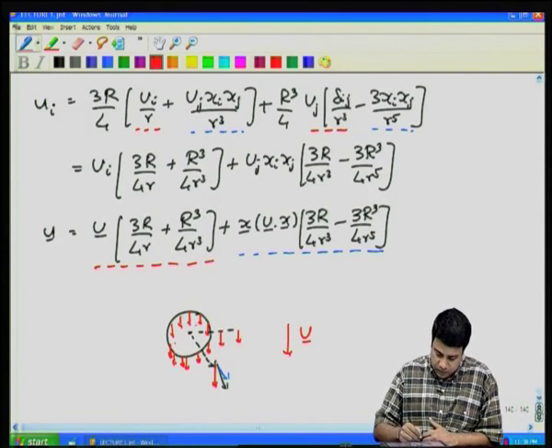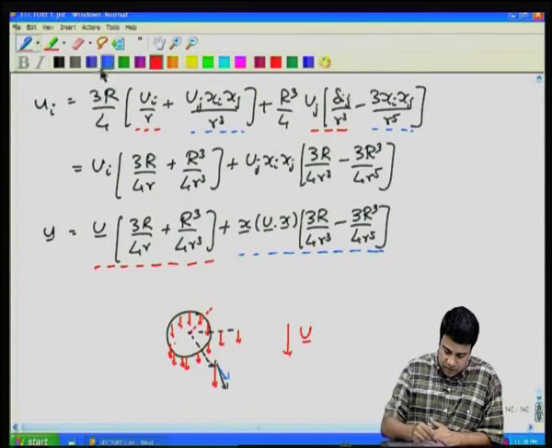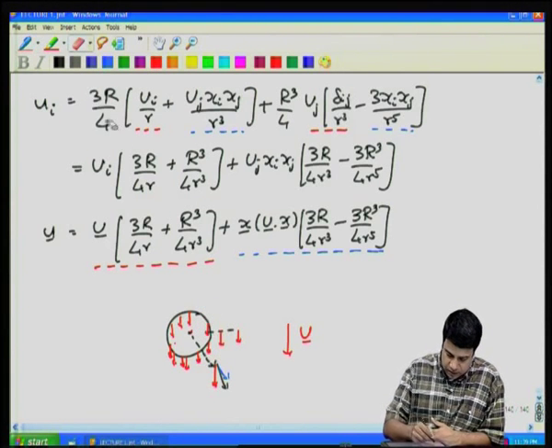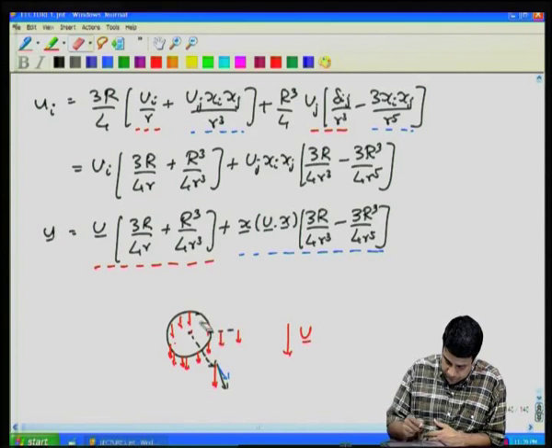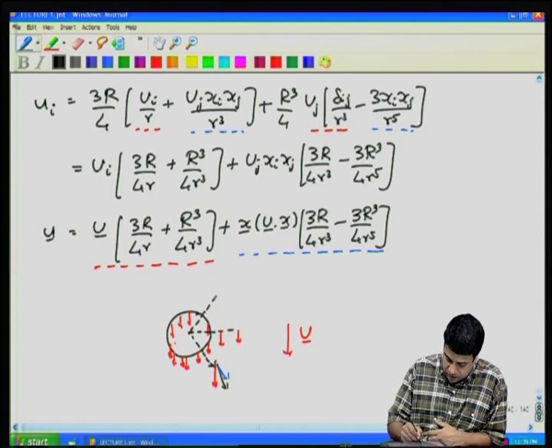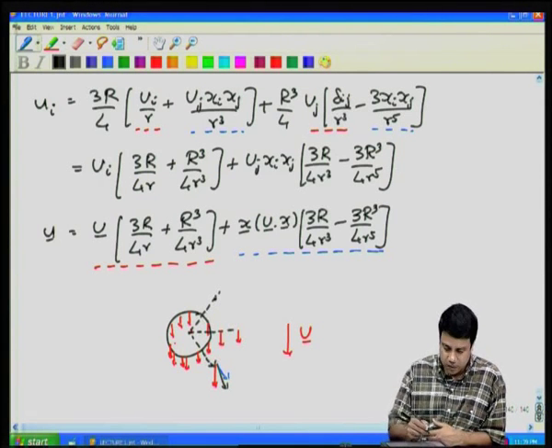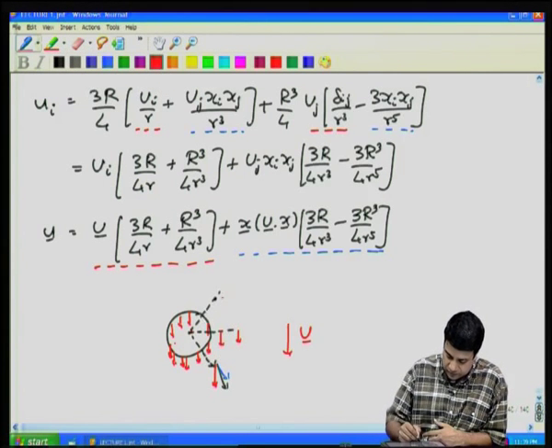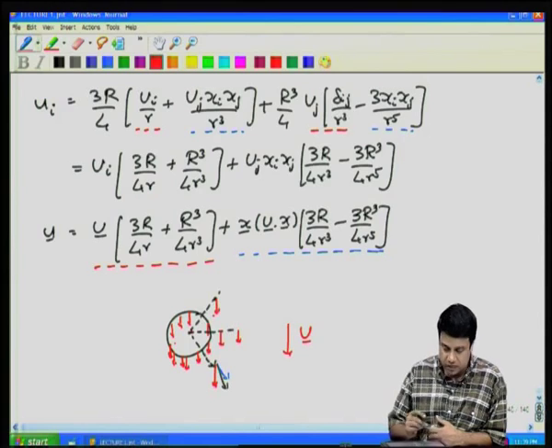And now, when you go to a position on the downstream side of the sphere, a position somewhere here, u vector is of course along the u direction itself. Okay. U vector is always in this direction.